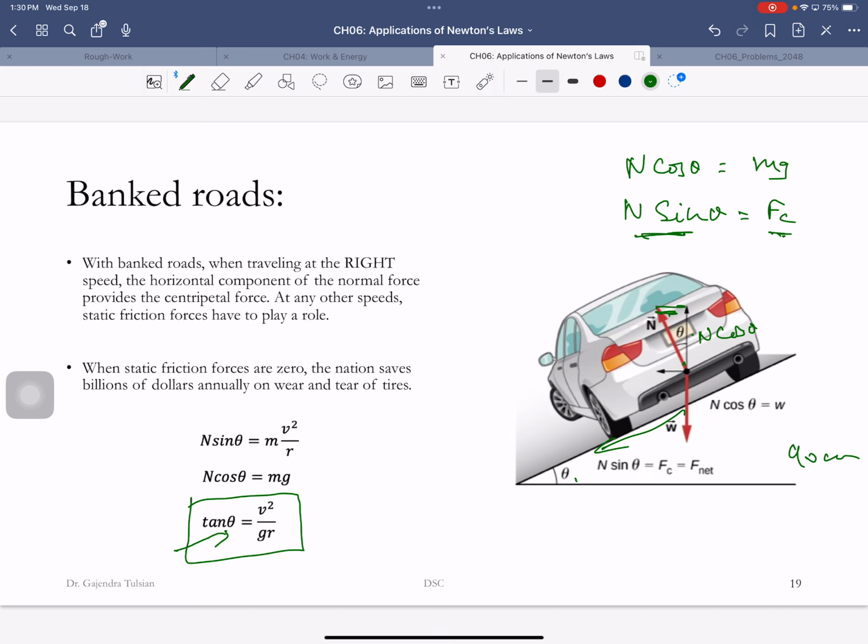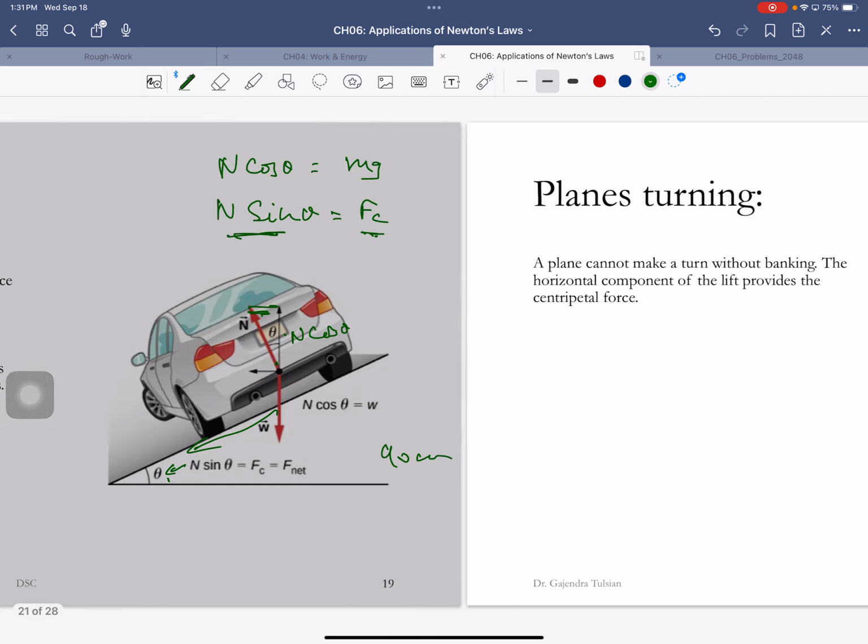So on the exit, those speeds are related to the bank angle of this exit. It doesn't matter whether it's a car or a semi-truck going through there. The normal force is providing the centripetal force. So the road can be as icy as it wants. If you're going at that speed limit mark, you won't slip off the exit. Okay? So it's independent of the mass.